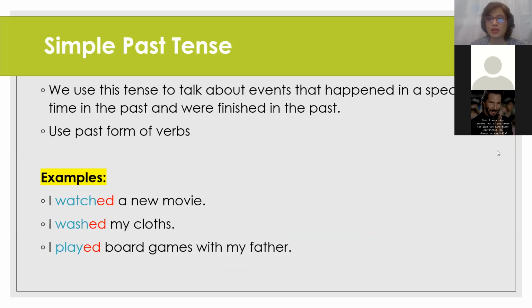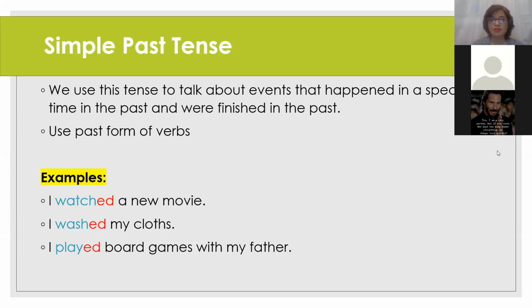And in order to make present into past, what do we need to do? We need to change helping verbs. But there is no helping verb in the examples. If I say I watch a new movie, I wash my clothes, I play board games, these are all present. How can I convert these sentences into past? By adding ed.